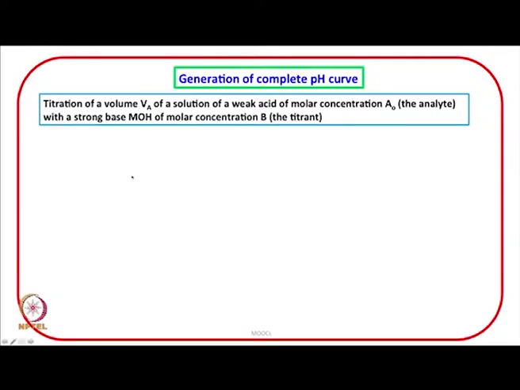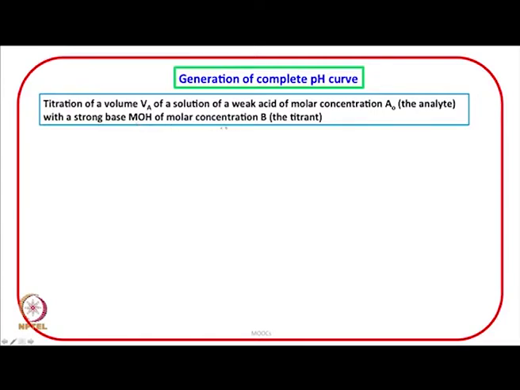Let us assume that we titrate a volume Va of a solution of weak acid, and the concentration of weak acid let us take as A0 moles per liter. This is the analyte, and we want to titrate it with a strong base MOH.